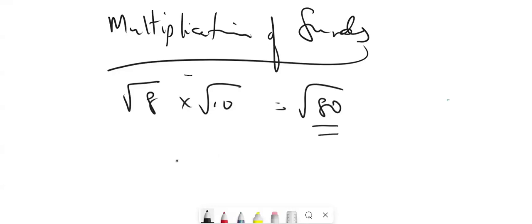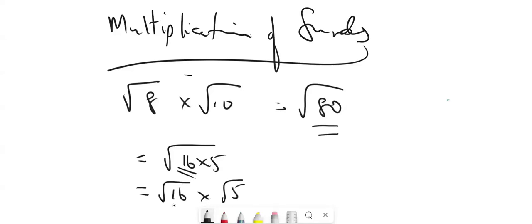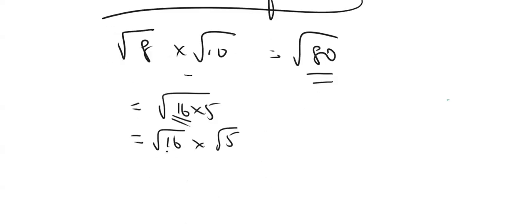I want to think that 80 is equal to 16 by 5, right? And this here is a perfect square, so that will be root 16 by root 5, which will turn out to be 4 root 5.